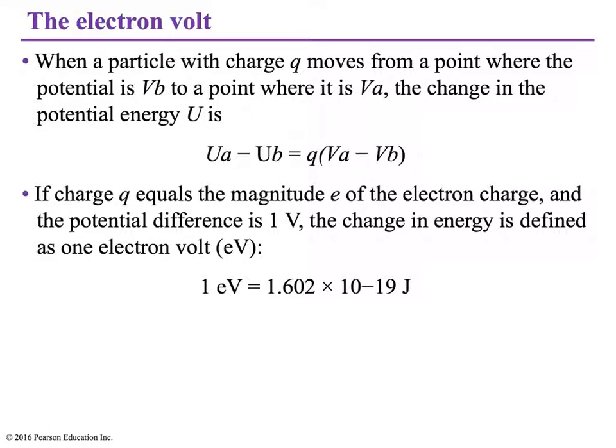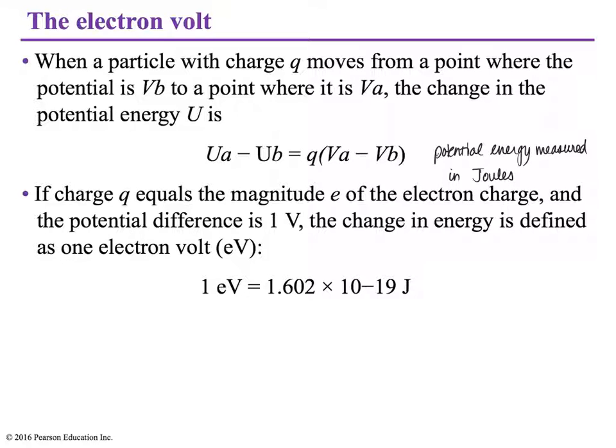Now, you might have heard or read in the book about electron volts. Let me just skip back up here a minute and say that potential energy, in terms of the way that we measure it, is going to be measured in units of energy. The unit of energy that we're familiar with is joules, and so that's still going to apply.